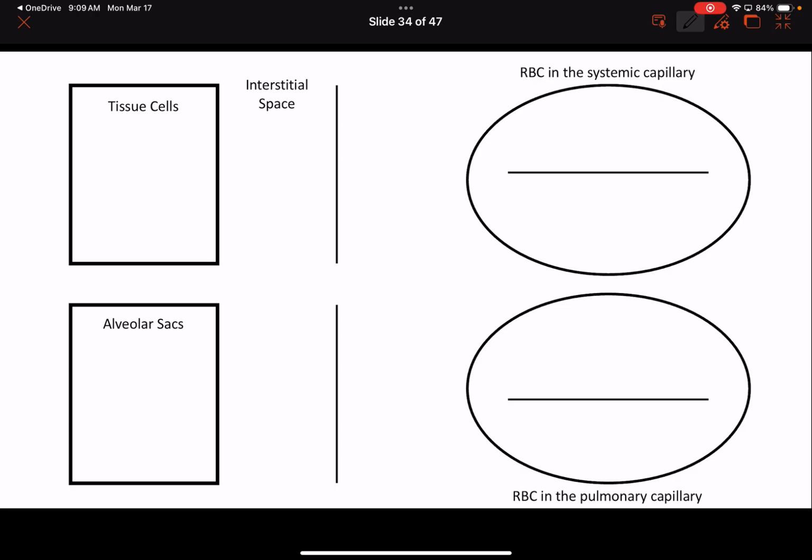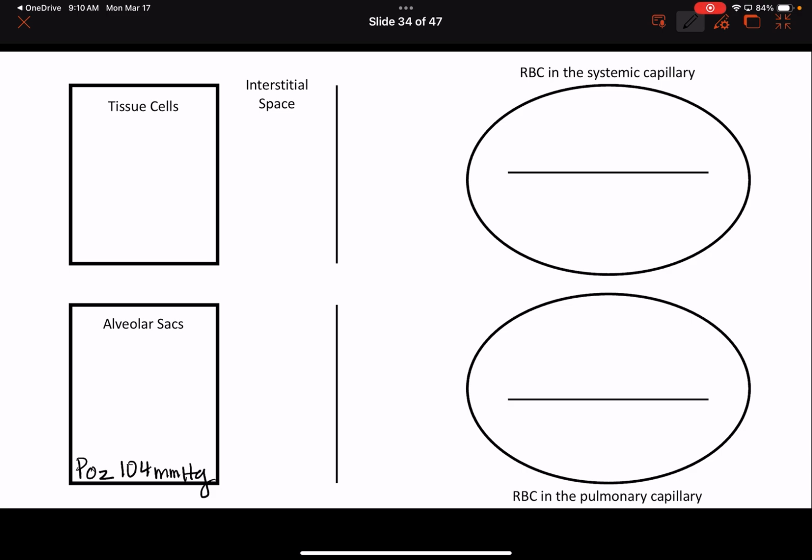So we're going to show exactly how that happens, whether you like it or not. So PO2 at our alveolar sacs is what? What is our PO2 in the air sacs of the lungs? 104 millimeters of mercury.